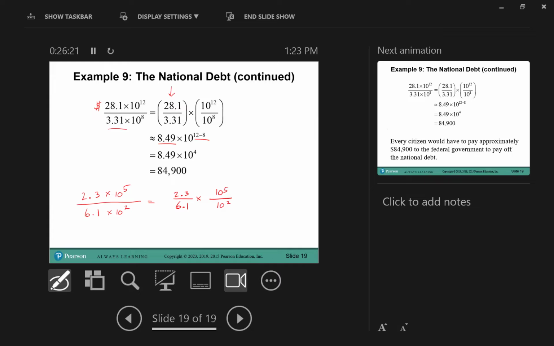So in the end, this portion of it ends up being 10 to the 5 minus 2, or 10 to the 3. The other portion of it, this 2.3 divided by 6.1, is about, I'm going to round this because it goes on forever. So this is about 0.377.